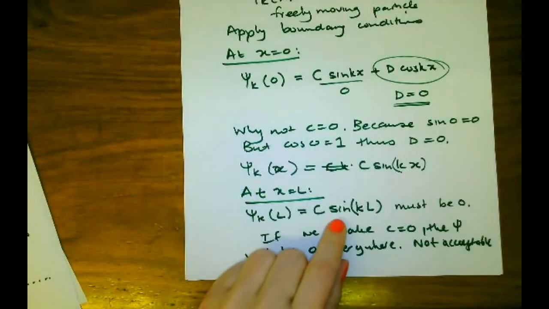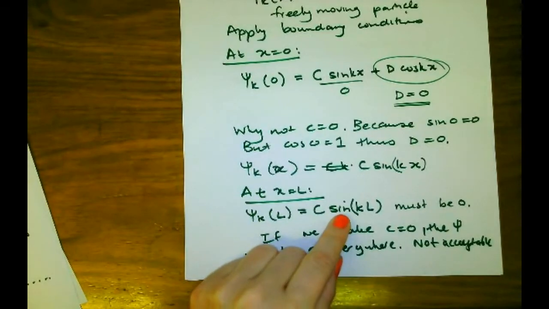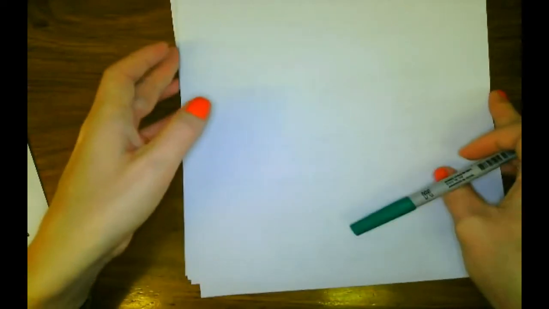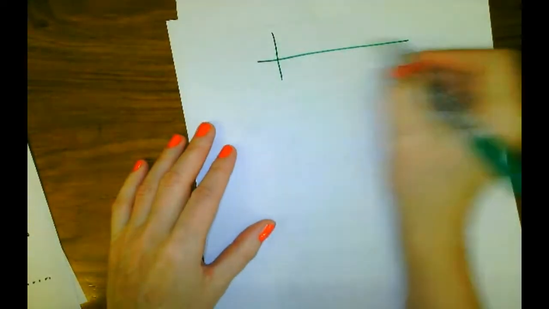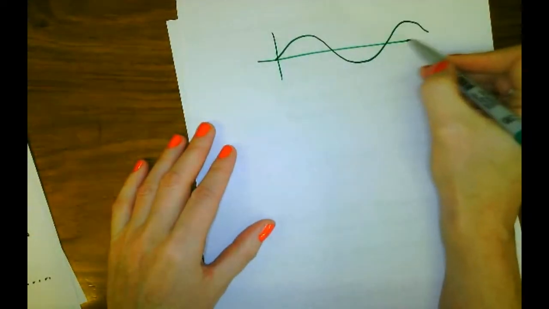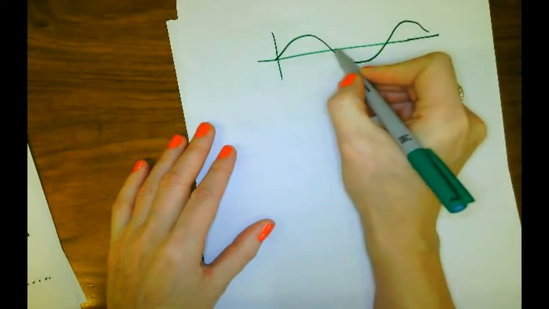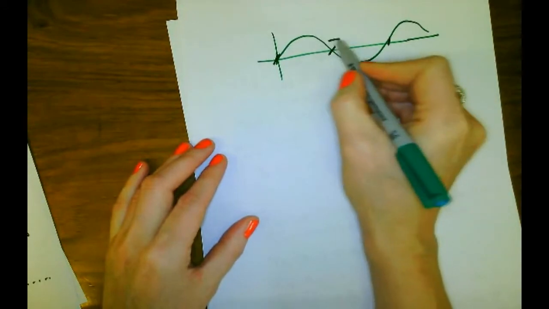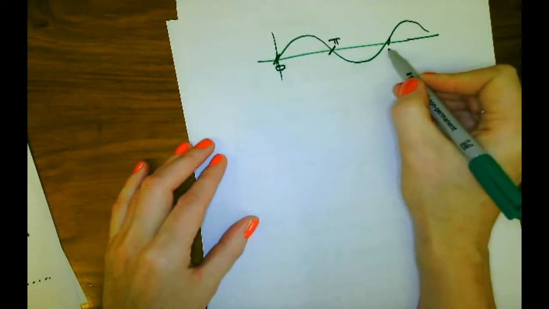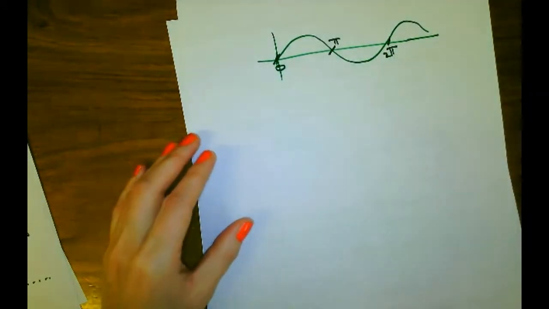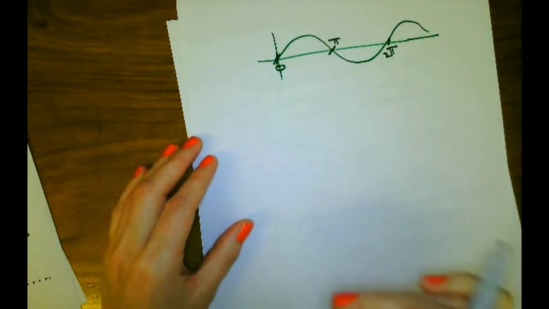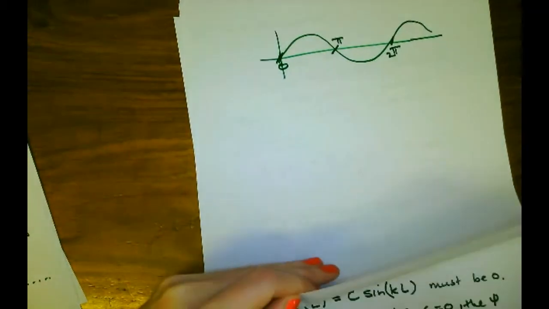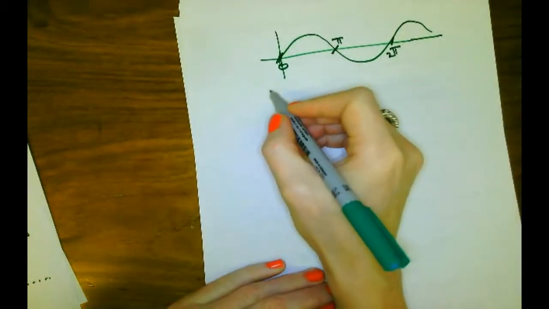But if you think back to the shape of the sine function, and we have discussed this before, the sine function is 0 at values of pi, 2 pi, etc. So our wave function looks like this at the moment.